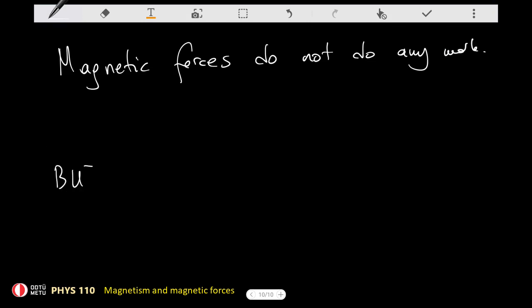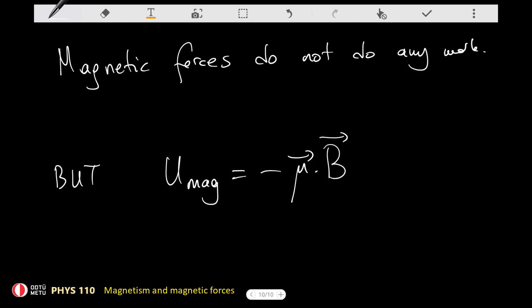But somehow we have talked about a magnetic potential energy in here. The magnetic potential energy you just define by using the work concept, of course. Work done by the magnetic field is equal to the negative of the change in the potential energy. We just define it like that.